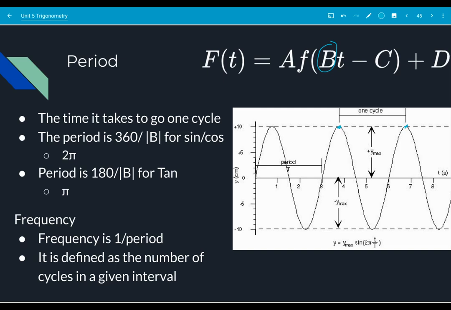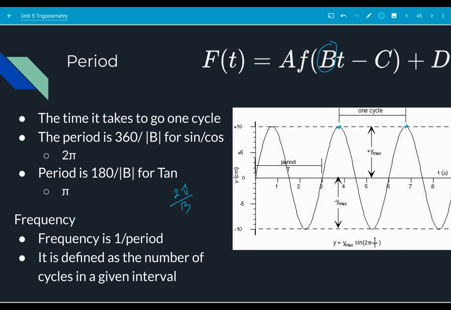So 360 degrees or 2 pi. For tangent, it's going to be 180. So to figure out what your period is, you take your principal period. So if it's sine or cosine, you take 2 pi and you divide it by b. And that gives you your principal period.